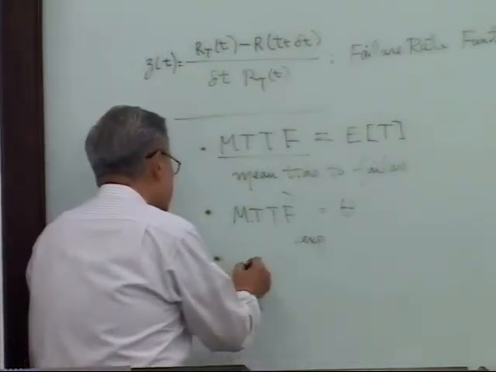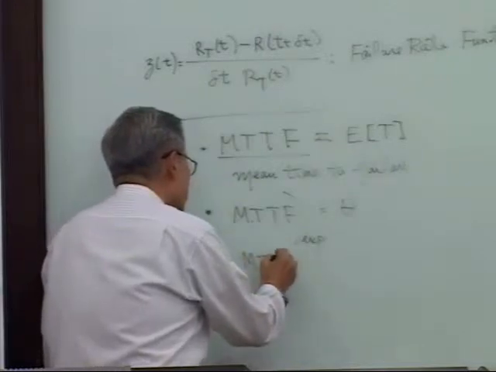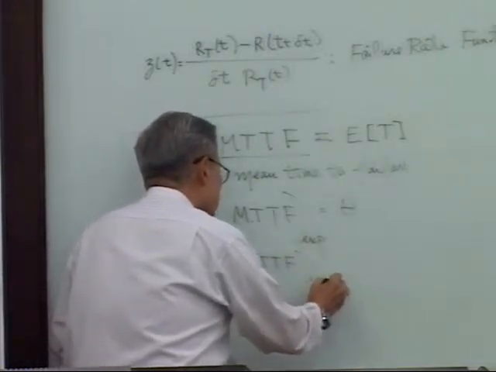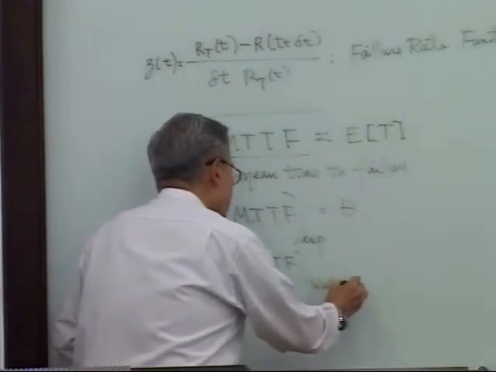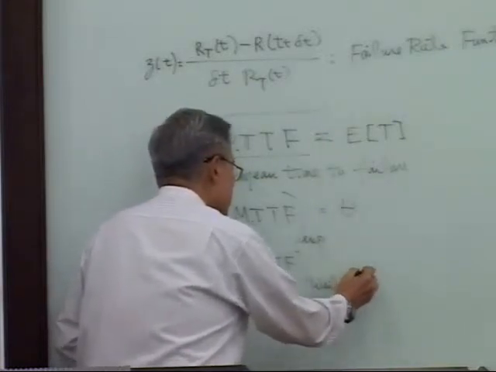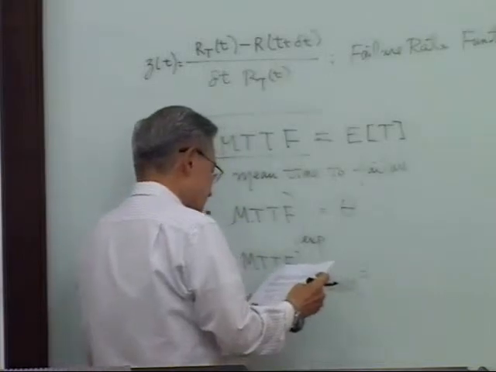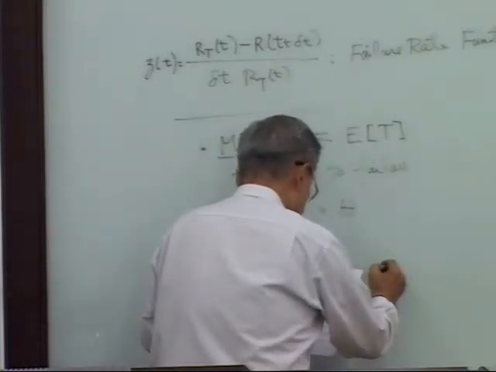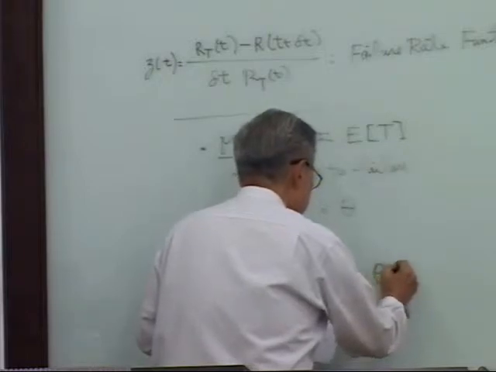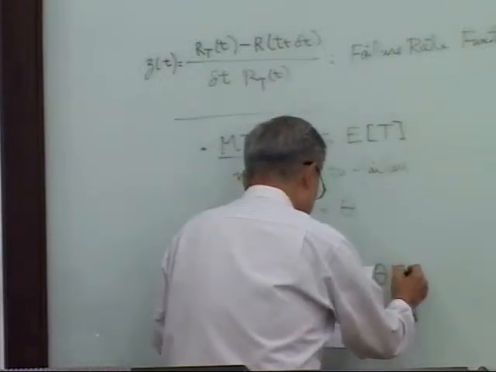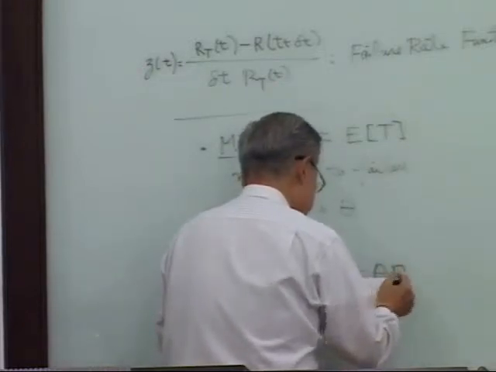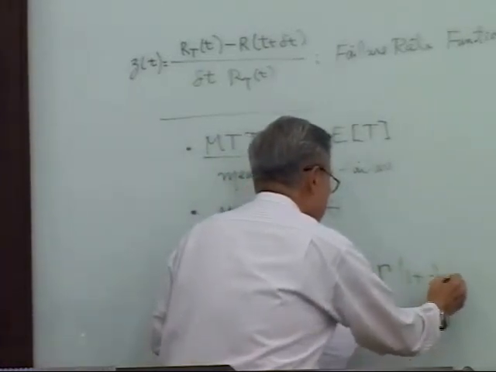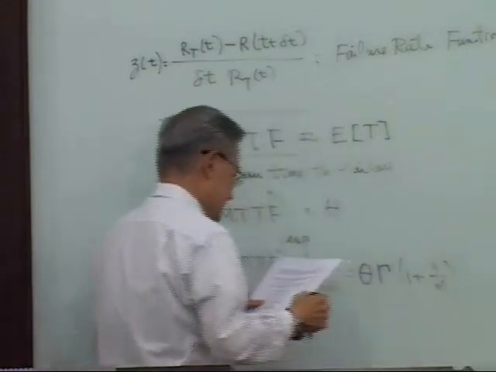And mean time to failure for the Weibull distribution is equal to theta gamma of 1 plus 1 over alpha.